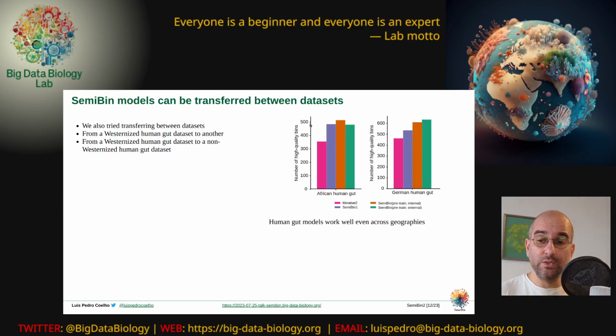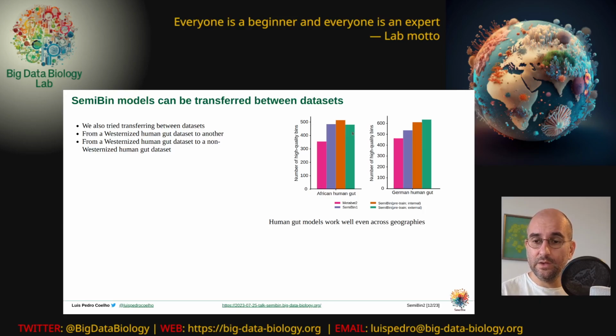And that really does work quite well. We tried transferring between two German human gut data sets, thinking that it should be very similar populations, and between a German and a non-westernized African human gut data set, which is still the same biome, but should be more different populations, and they still worked really well even across geographies.